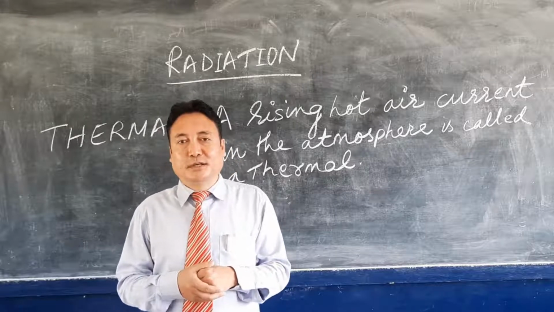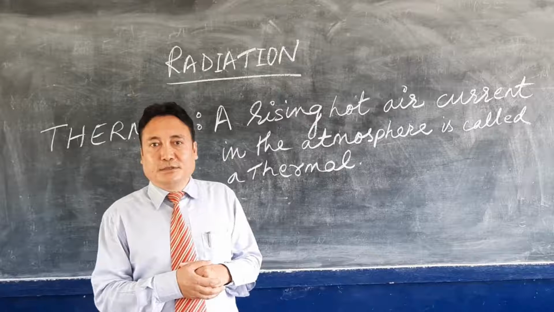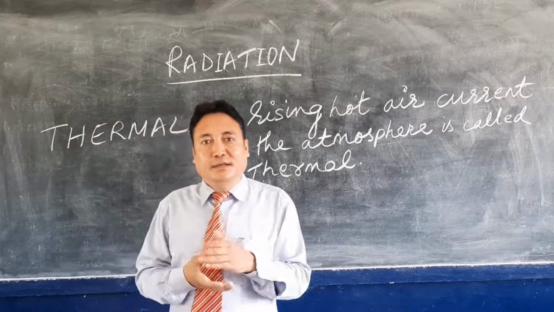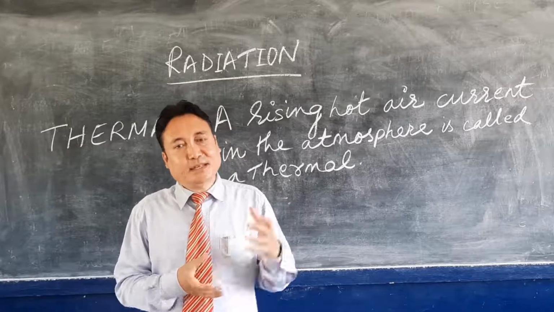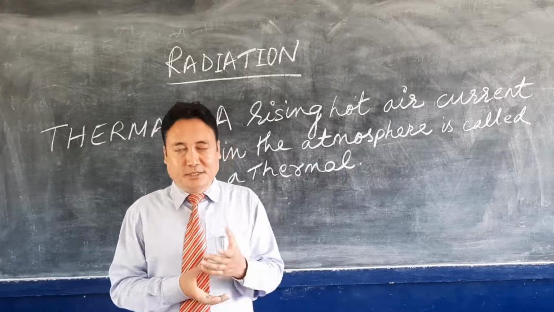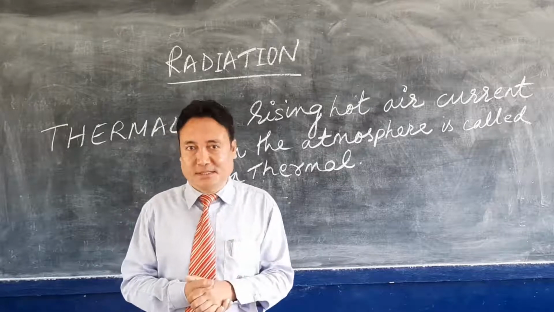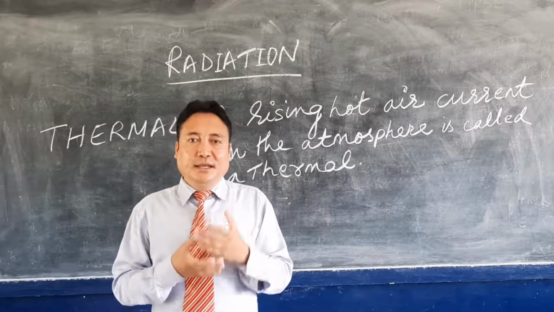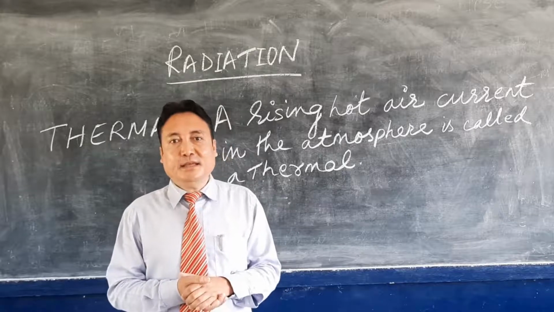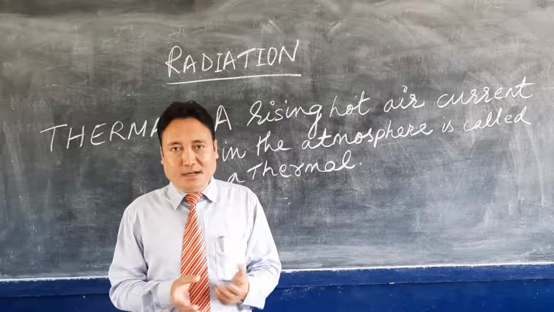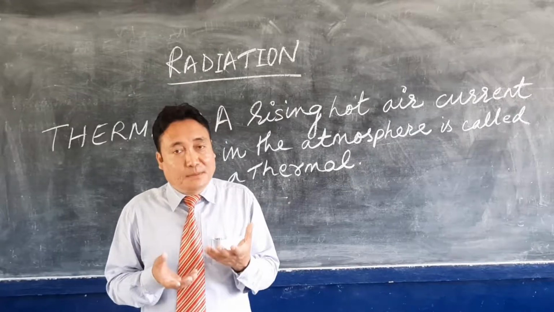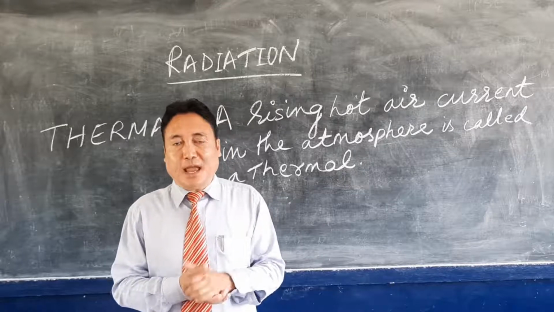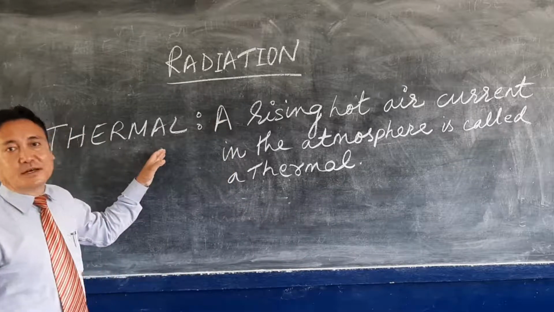Because of the sun's heat the land gets heated, and the air above the land expands and becomes less dense, and therefore it rises up. That process we call a thermal.